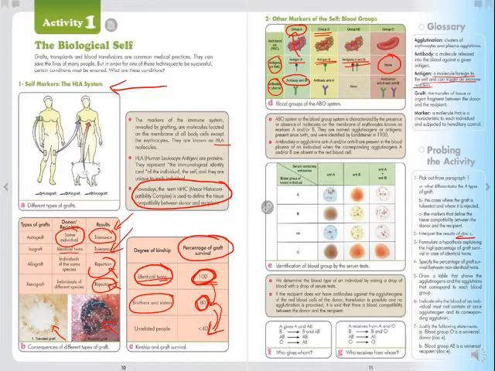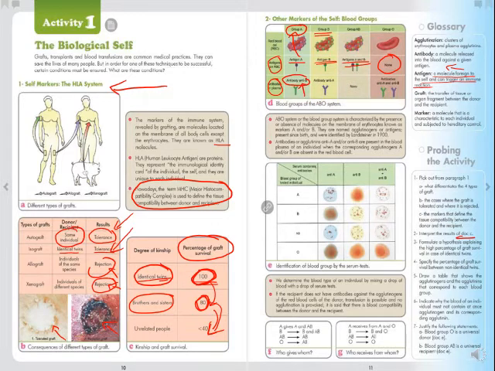So antibody is a molecule that is released against a given antigen. For example, my blood group is A, so I have antigen A. What type of antibodies? I have an antibody different from A, which is antibody B.